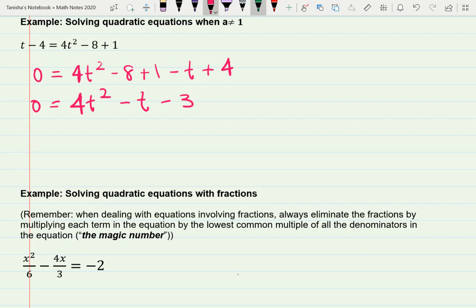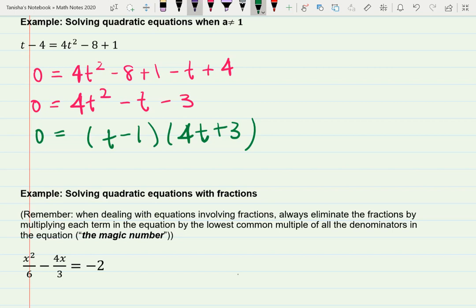And when you factor this, you should get t minus 1 and 4t plus 3. Okay. So this is our factored form.